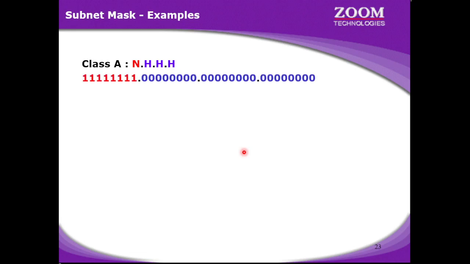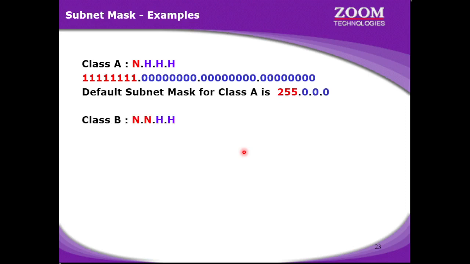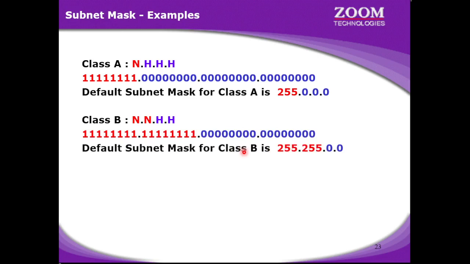So, sabi natin, pag subnet mask, lahat po ng nasa network portion ay naka 1 at lahat po ng naka-host portion ay naka 0. So, yung default subnet mask for class A would be the value of 255.0.0.0. For class B naman, since dalawa yung network portion natin, lahat ng network ay naka 1, lahat ng host ay naka 0. So, it's 255.255.0.0.